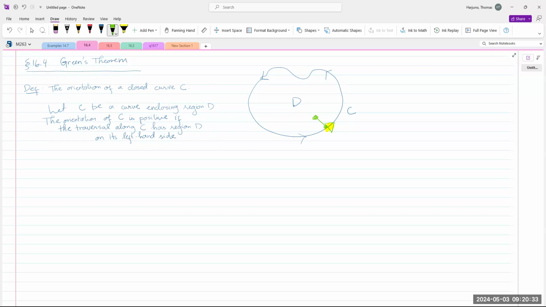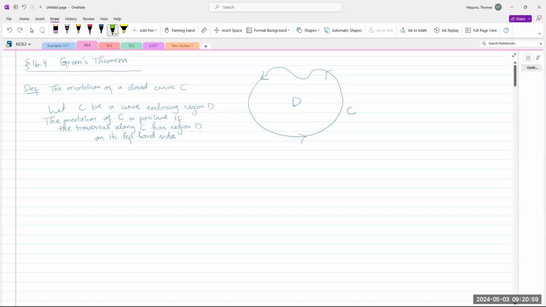That's what it means to travel along curve C with region D on your left-hand side. Of course, the consequence is that, the way our textbook and many textbooks describe it, C traverses counterclockwise in relation to region D.